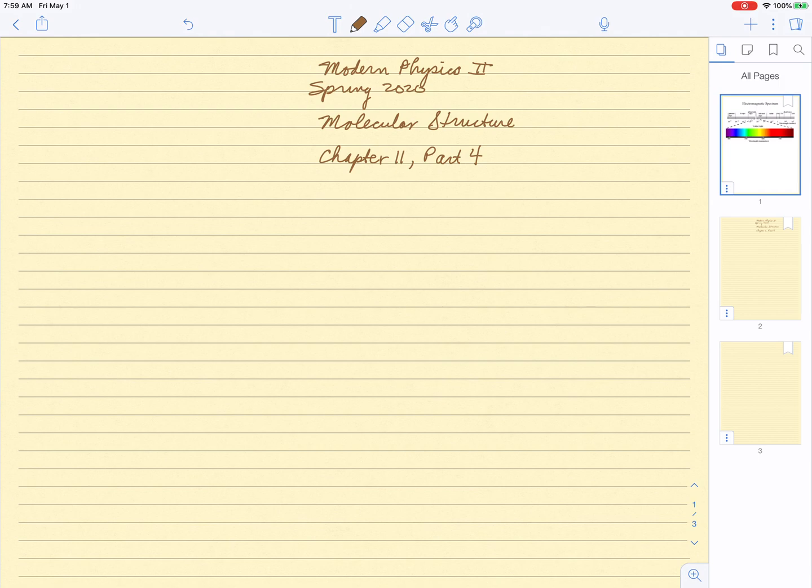So we covered ionic bonding in the last part, and I just want to give a general overlay of some other types of bonding in molecules.